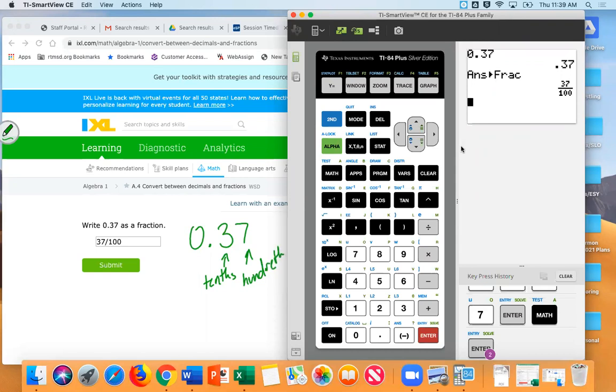If I know the place names, since it's 0.37, I look at the 7 because that's the end of my number, hundredths. Hundredths is 100, and that's where I get the 37 out of 100 from. So that's two ways to do that problem.